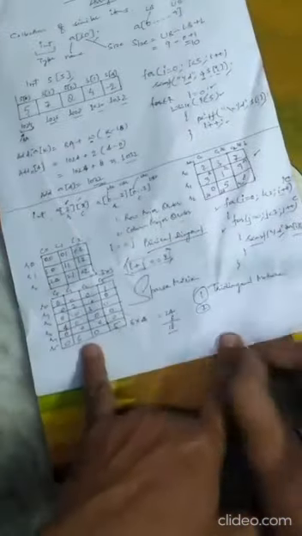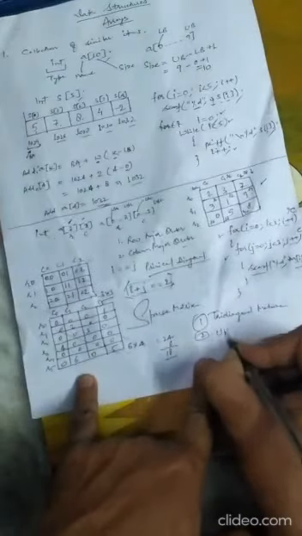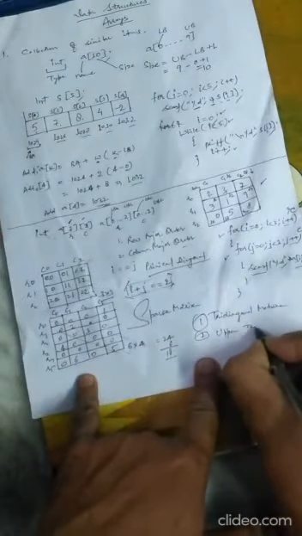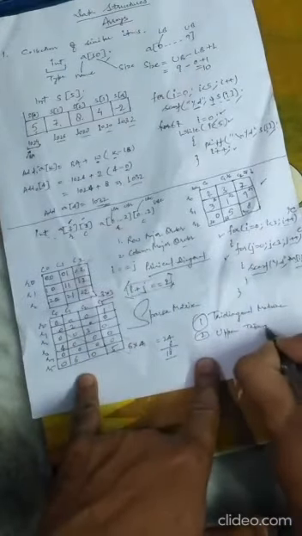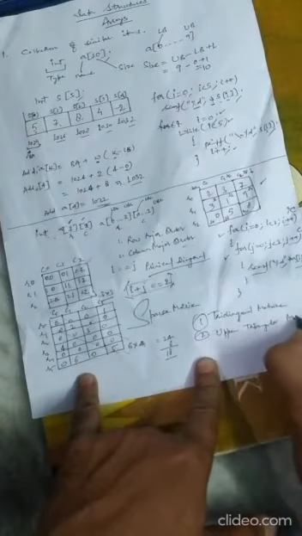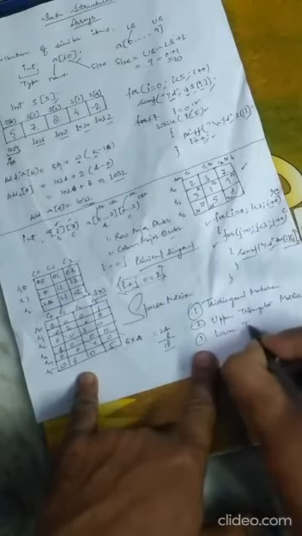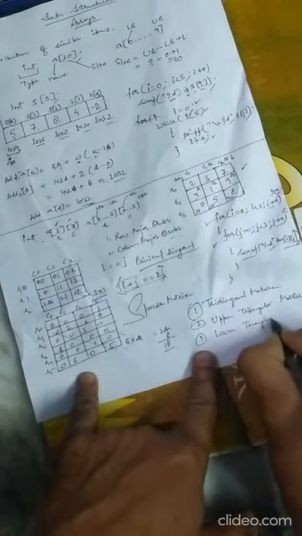Fine. Okay, let's come to upper triangular and lower triangular matrices. What is upper triangular? Upper triangular matrix. And last but not the least, this is lower triangular matrix. Fine.